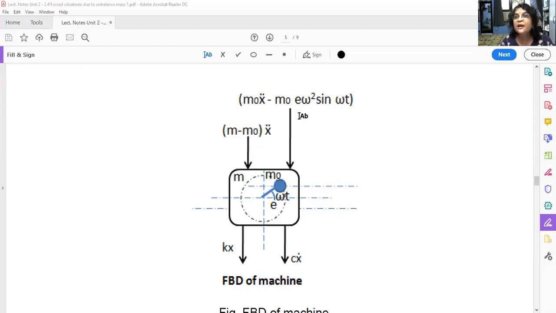And this is the inertia force due to m0 only. How this term has come, I will explain further. The total inertia force by the unbalanced mass m0 is m0 x double dot minus m0 e omega square sin omega t. How this has come, let us see.